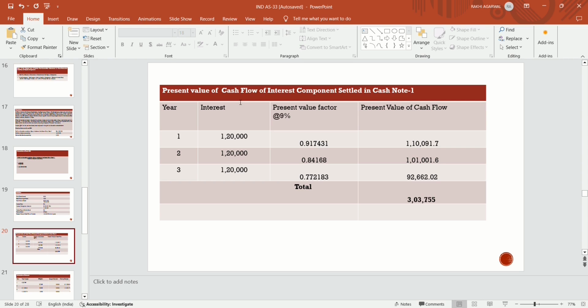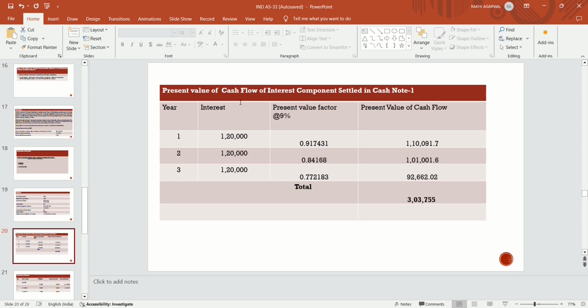So 1 divided by 1.09 becomes 0.91743, multiplied into 1,20,000, which gives the present value of 1,10,091.7. In year 2, it becomes 1,20,000 into the present value factor, that is 0.91743 divided by 1.09, so it becomes 0.84168. 1,20,000 into 0.84168 becomes 1,01,001.6.